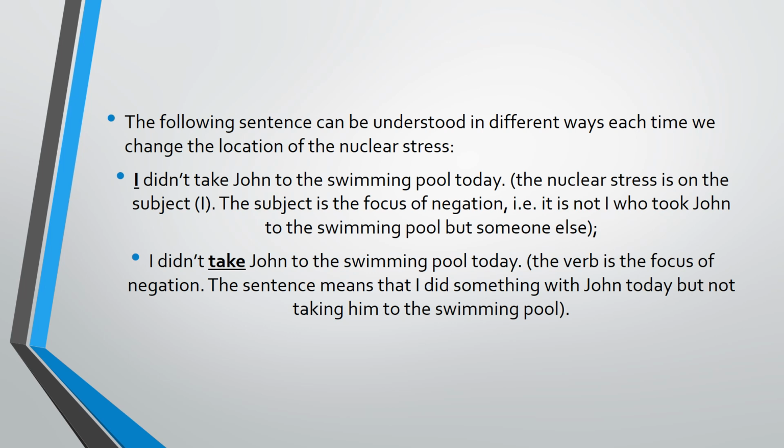The scope of negation and the focus of negation are related to the subject, and the meaning of the sentence is that it is not me who took John to the swimming pool, maybe someone else. The other parts of the sentence are positive, which means John was taken by someone else to the swimming pool, but not me. You see, the subject has been put under the focus of negation, which means we are negating it.